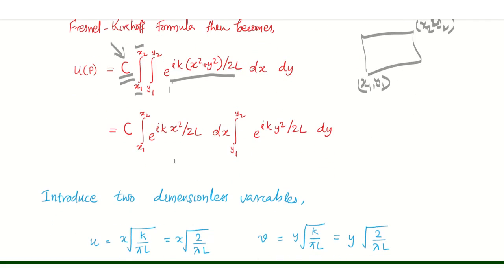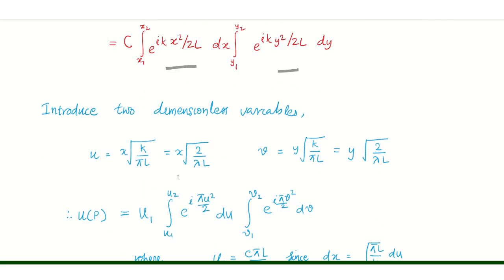And we can separate the variables like this, and these are the two integrals. Sometimes it's easier if you introduce these dimensionless quantities u and v. u, as we have done last time, is proportional to x, and v is proportional to y.